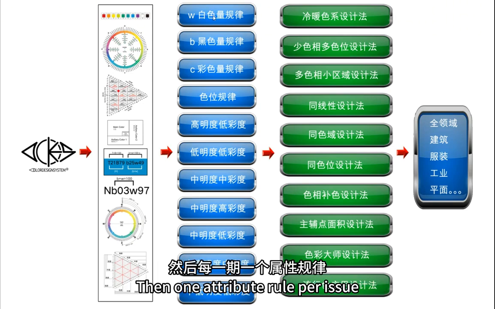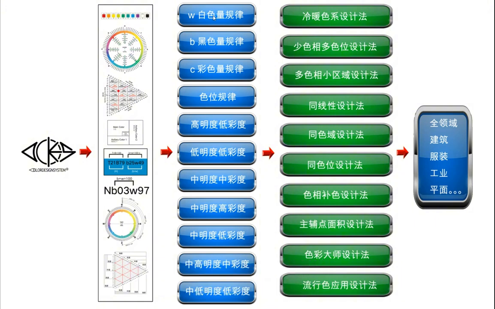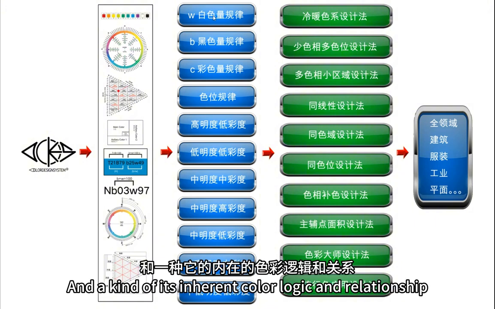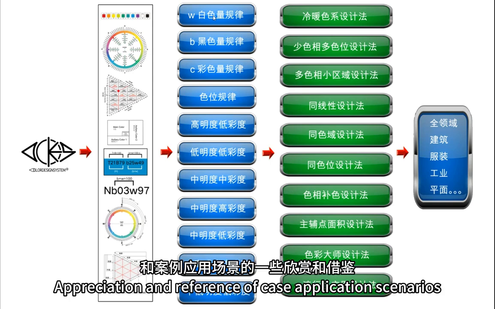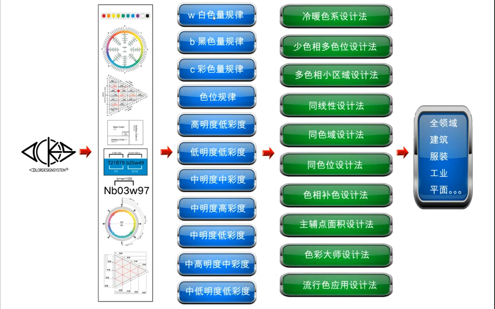Then one attribute rule per issue, and the kind of its inherent color logic and relationship, appreciation and reference of case application scenarios.